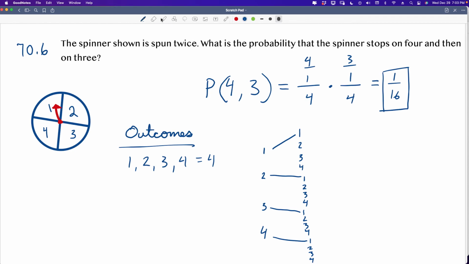And what we want is for it to roll the 4 first and then the 3. Okay? So that's 1, 2, 3, 4, 5, 6, 7, 8, 9, 10, 11, 12, 13, 14, 15, 16. And it's this 1 out of the total 16 that we want, because we want it to roll the 4 first and then the 3. So you see, this is so much easier, but it does the same thing that this does.